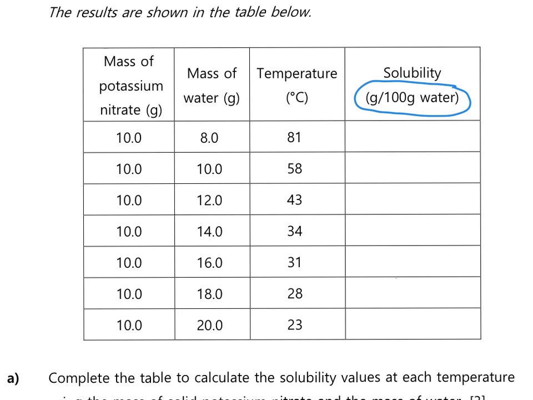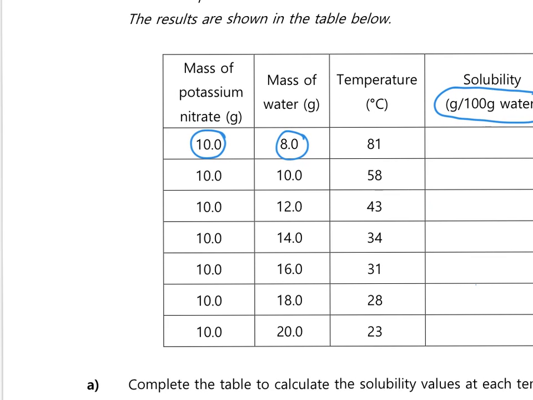So in order to convert our values and plot our graph, we need to get them in grams per 100 grams of water. Again, we take our mass of solute, we divide by the mass of water, and we times by 100. In this first example, if you wanted to write your working out at the side, you're doing 10 divided by 8 and times by 100. Put that into your calculator and you should get 125.